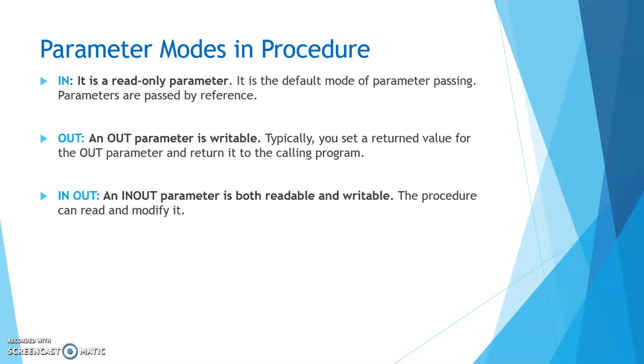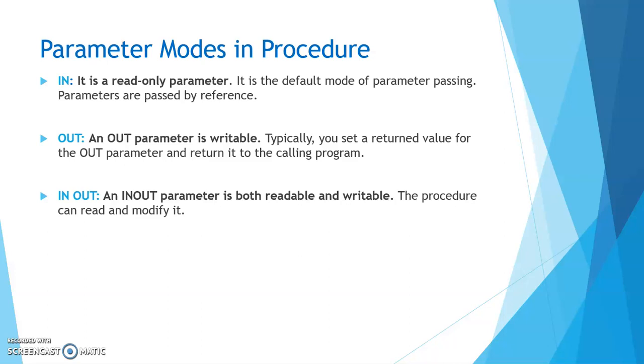Their values cannot be changed inside the subprogram. In the calling statement, these parameters can be a variable, a literal value, or any expression. For example, it could be an arithmetic expression like 5 * 8 or a / b, where a and b are variables.